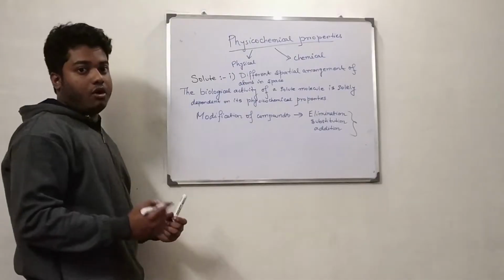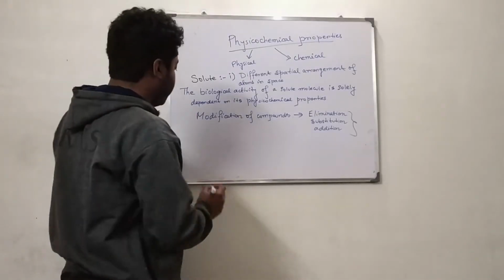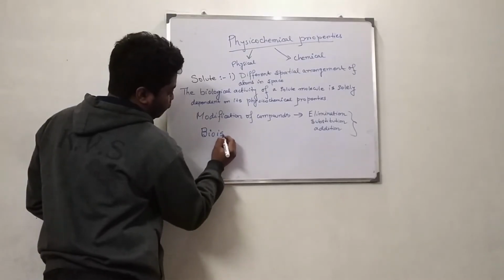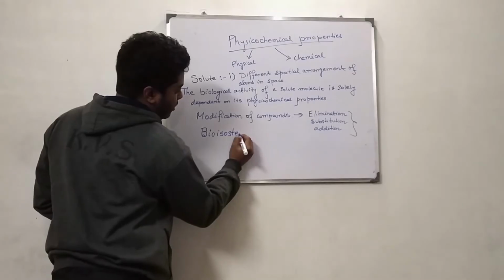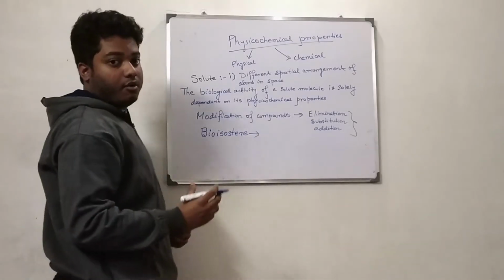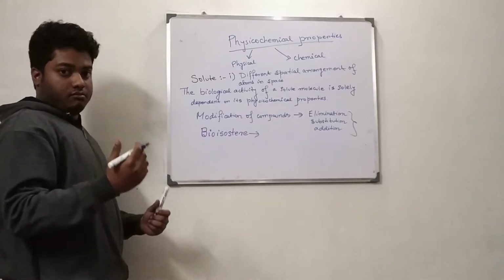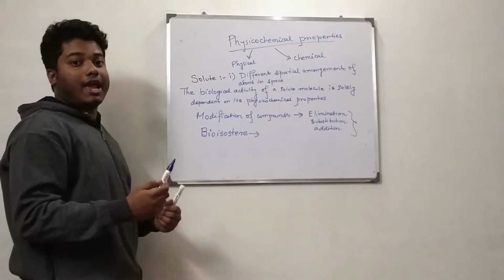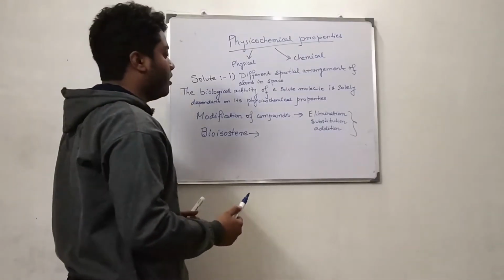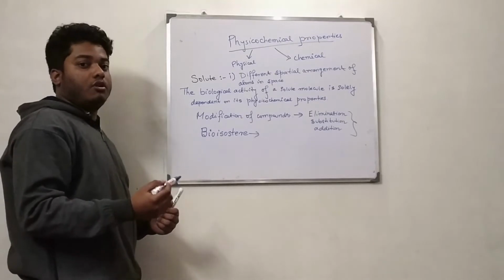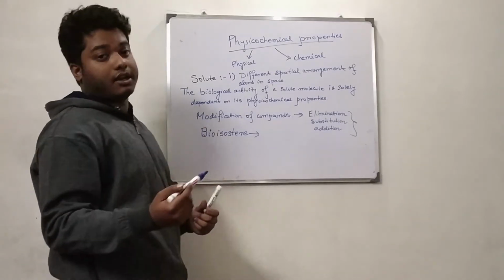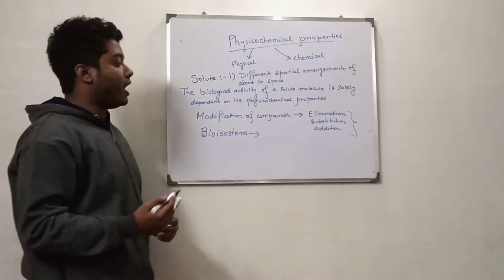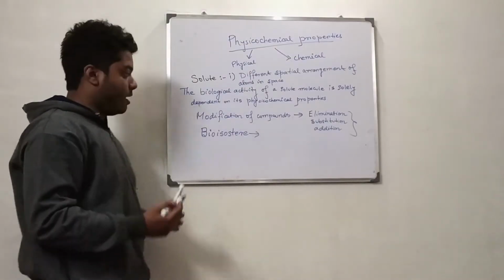Now here is another term we can use, called bioisosterism. Bioisosterism is the replacement of the carbon atoms with atoms of equivalent biological activity, such as changing carbon atoms with nitrogen atoms, so that the biological activity is not lost. The biological activity remains the same.